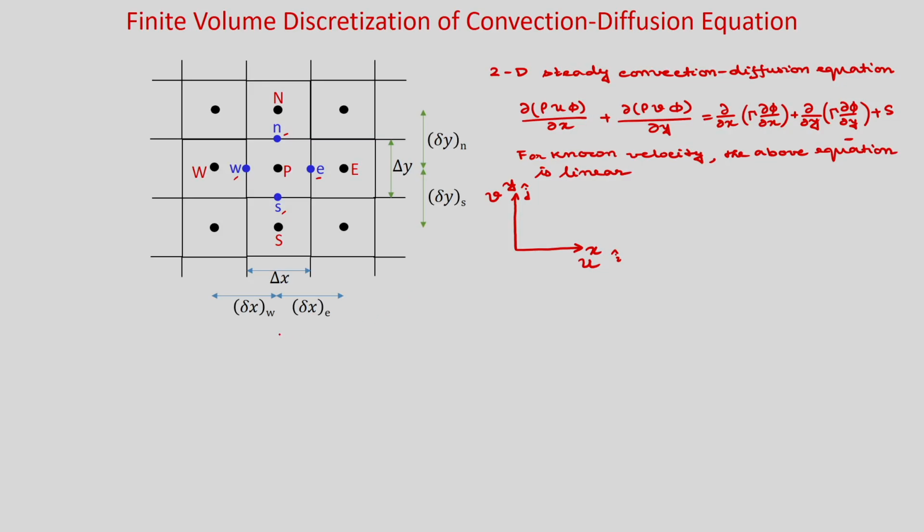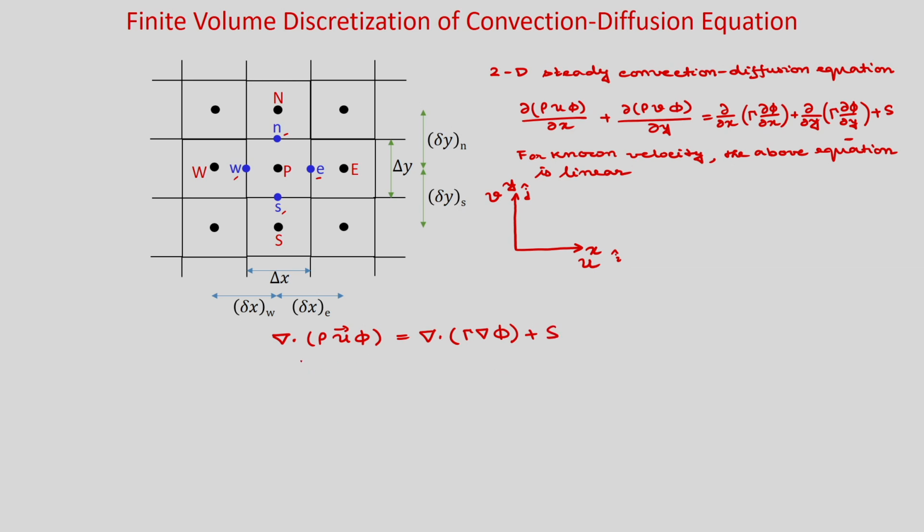The governing equation you can write in vector form as divergence of rho u phi is equal to divergence of gamma grad phi, plus the source term.